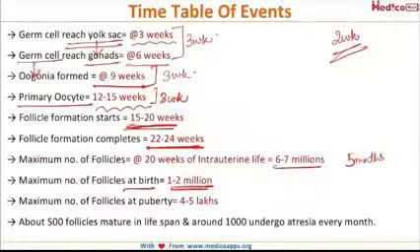At birth, I repeat again, there are 2 million follicles. They keep on degenerating so that by puberty, only 4 to 5 lakhs of these follicles are left. In the entire lifetime of a female, around 400 to 500 of these follicles mature and the rest degenerate.